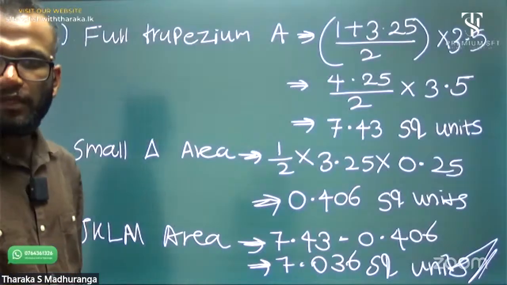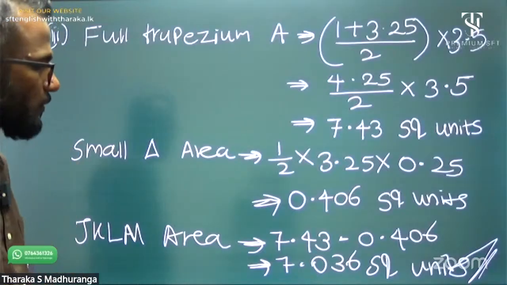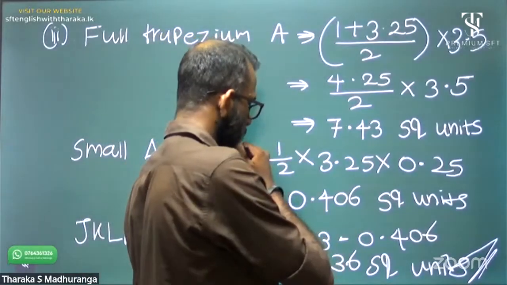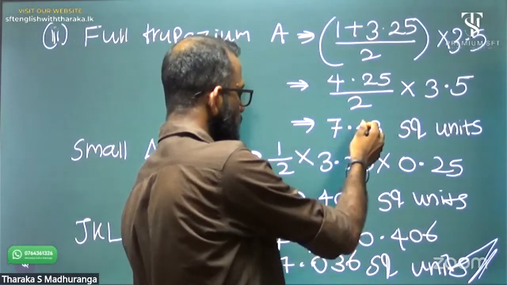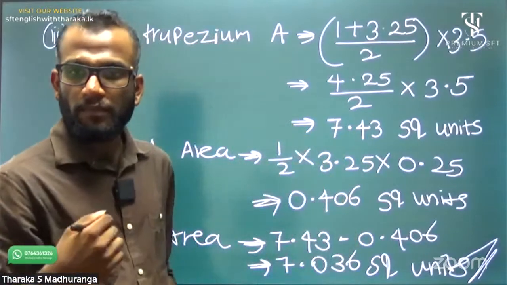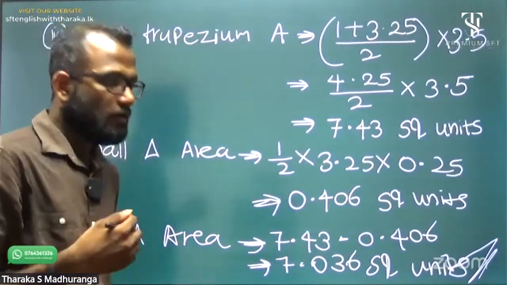Understood? Yeah, sorry. 7.43 minus. Correct.